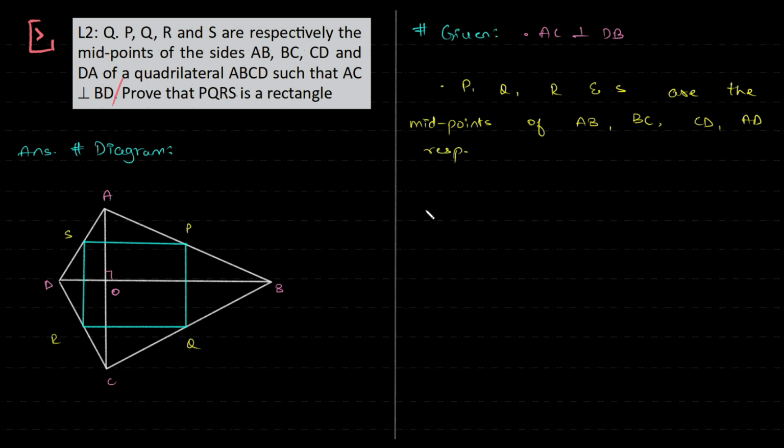Okay, anything else? Right, that's it. So we can start off with, to prove, PQRS is a rectangle.